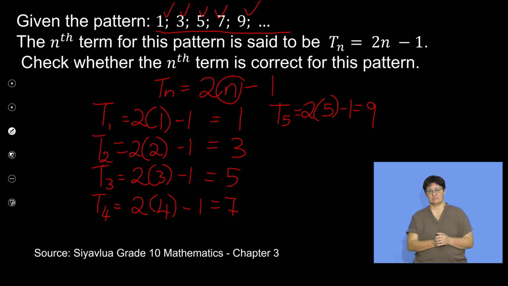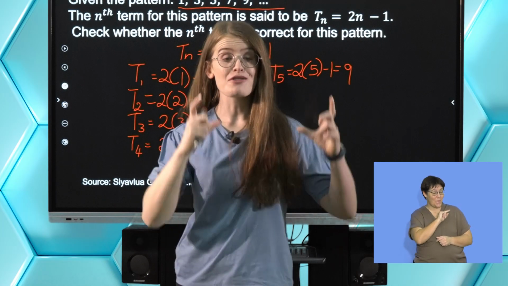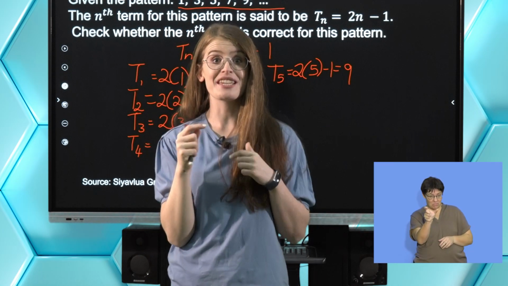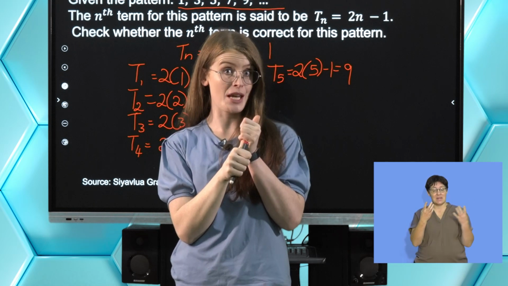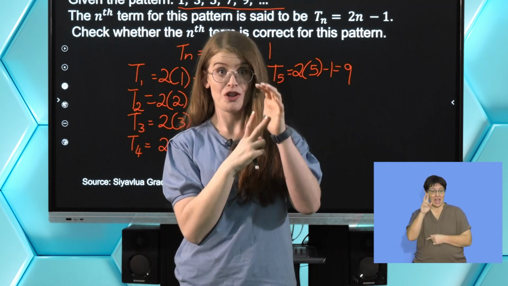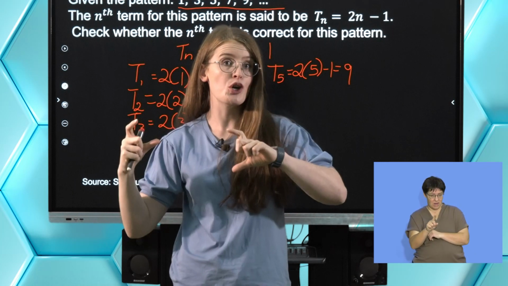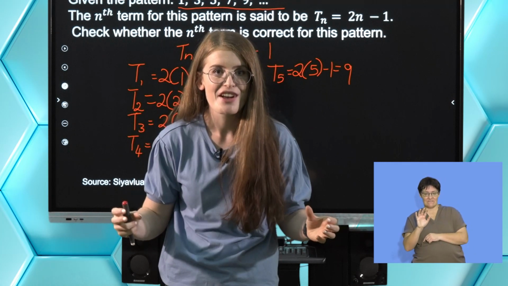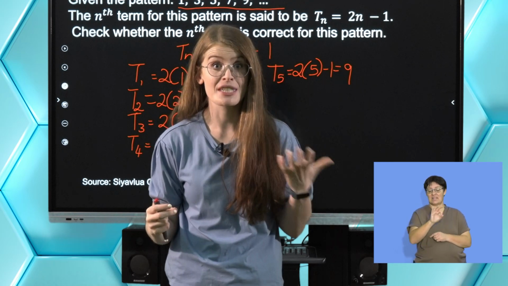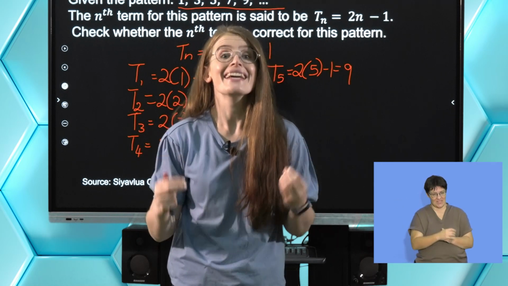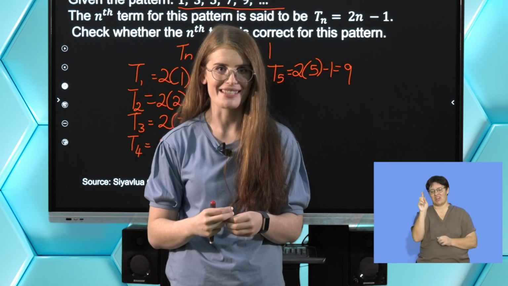This is good news, because this means that when substituting in term numbers n equals 1, 2, 3, 4, and 5, we could see that the general term matched my actual sequence. So that means that general term is correct for that pattern.